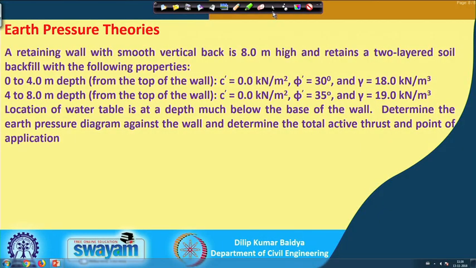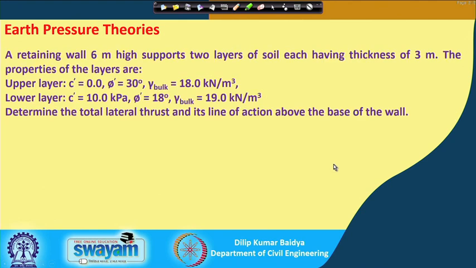So, next go to the third problem. As I have mentioned, there can be two layers. In the previous problem both soils were cohesionless, but now suppose one soil is cohesionless and another soil layer is cohesive, a C-phi soil. How do we do this?